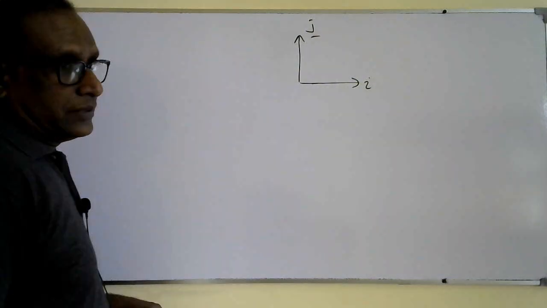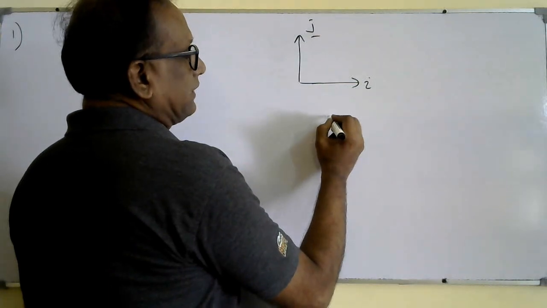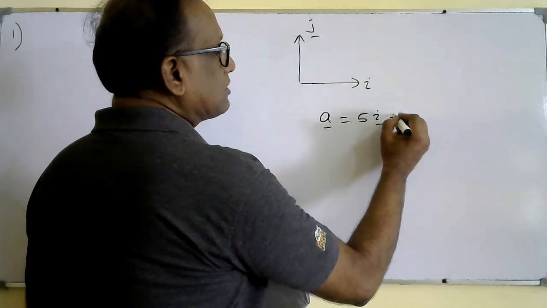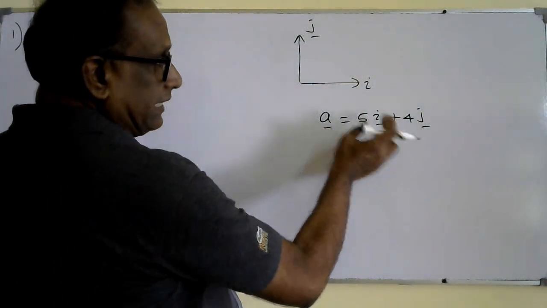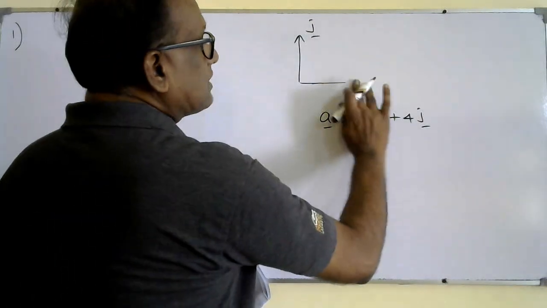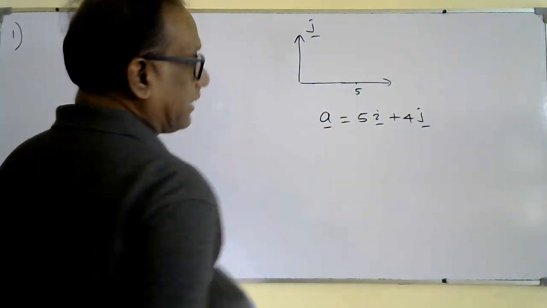Say for example, vector A is given by 5i plus 4j. So what's the meaning of it? Along the i direction, that is along the positive x direction, its magnitude is 5.